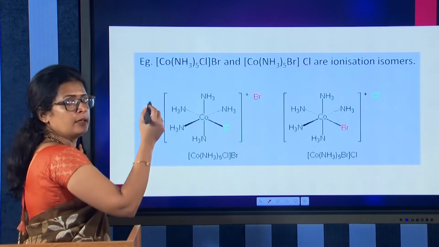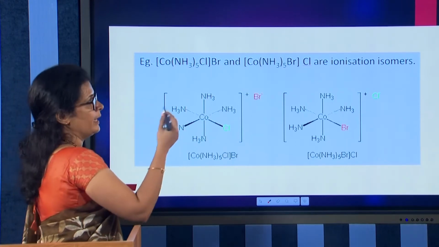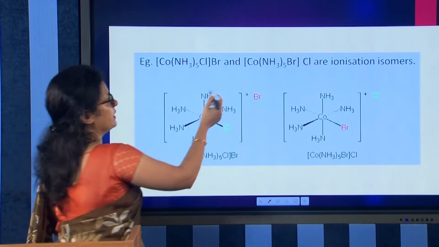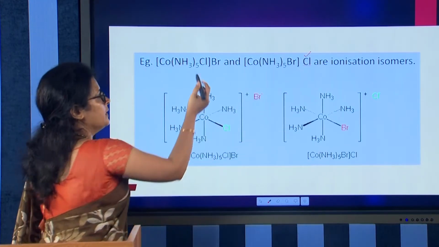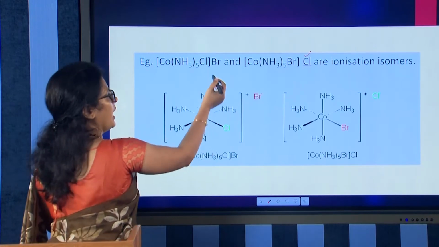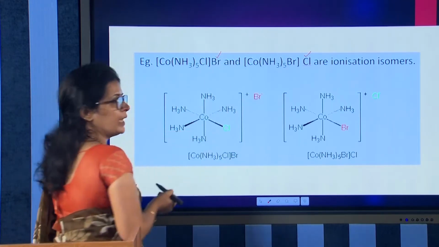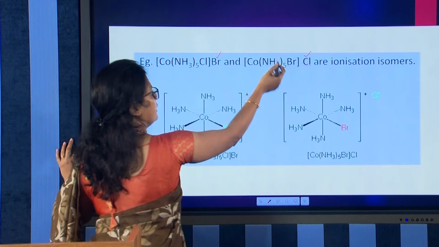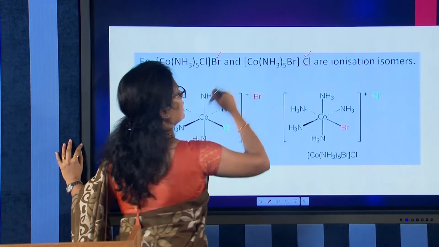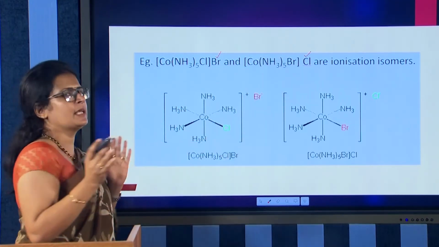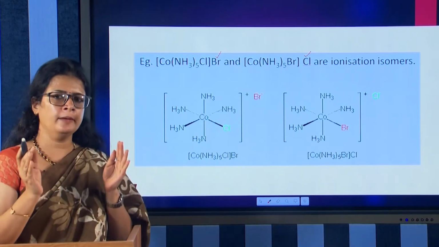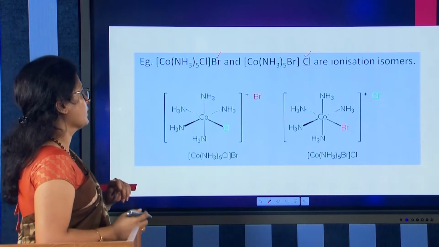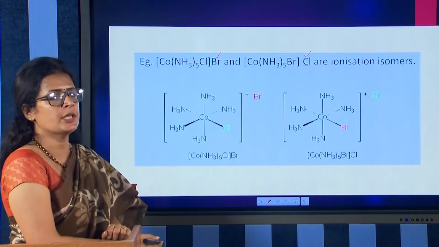In the other isomer, the Cl is outside the coordination sphere. So, this Cl is being exchanged. Here Br was outside the coordination sphere, and in the next isomer, it is inside the coordination sphere. So, there is an exchange of ligands between the coordination sphere and the counter ion part. So, both these are ionization isomers.